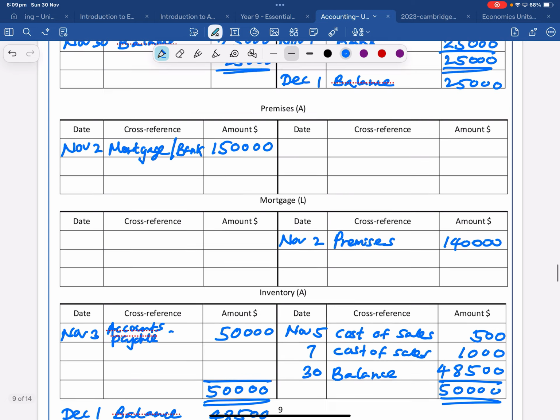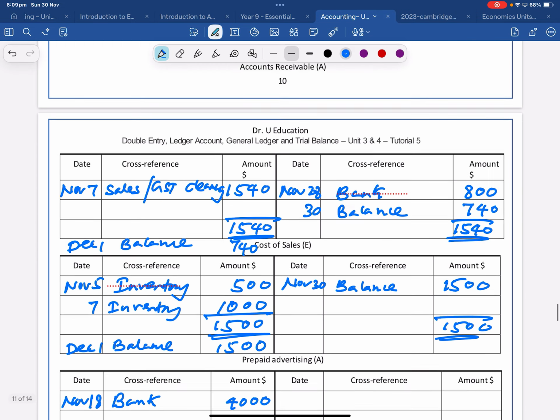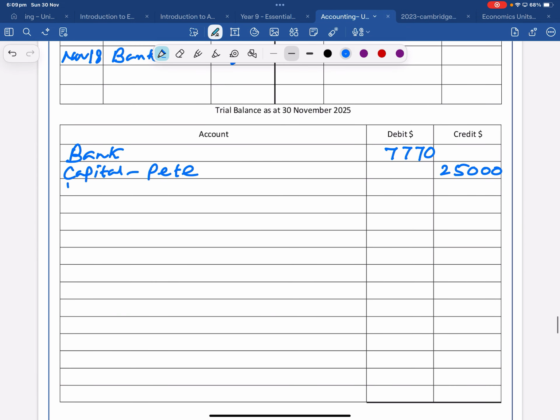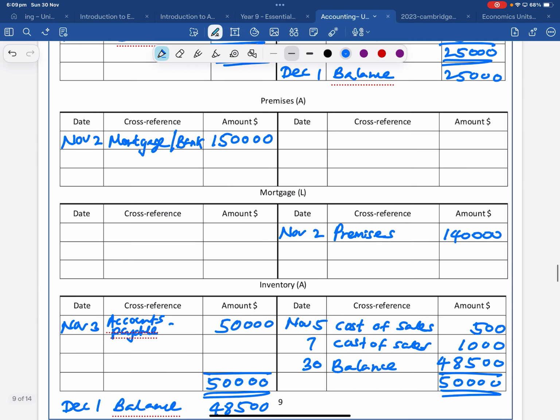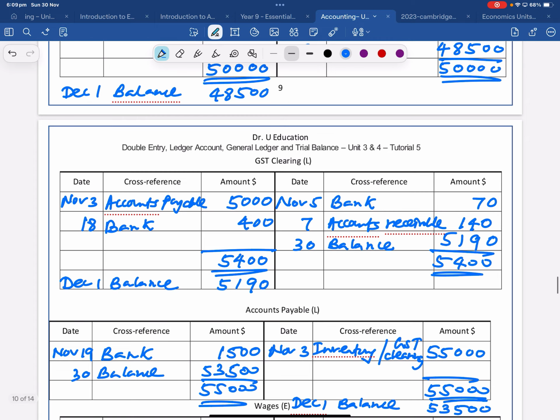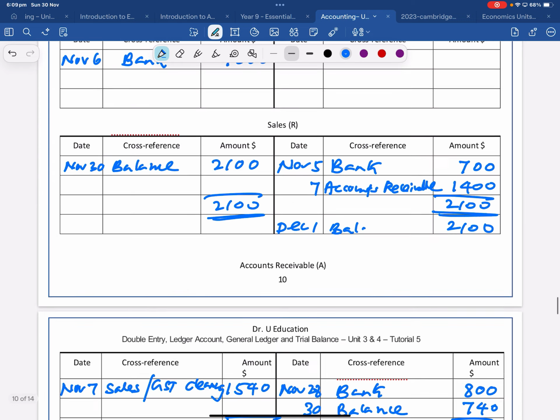Premises, mortgage, 150,000 and 40,000. Inventory 48,500.